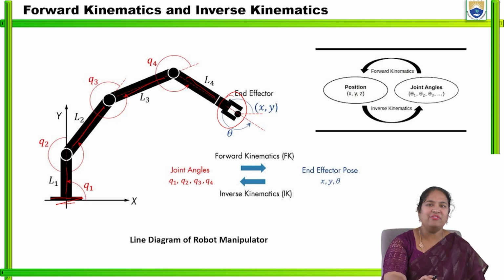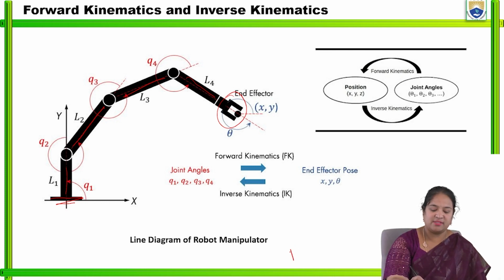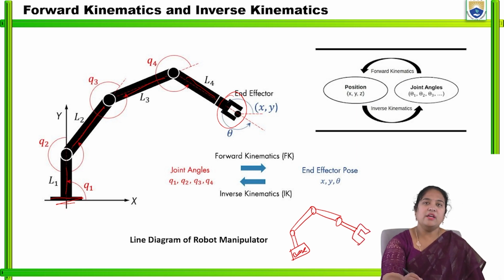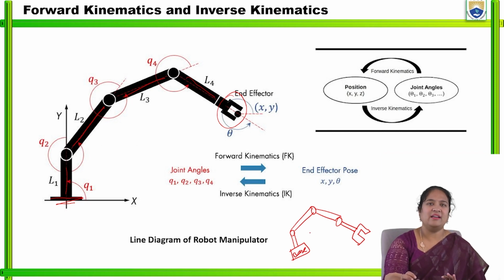So, in forward kinematics, what do we deal with? Initially, we have a fixed base, and to this base we have several joints placed.